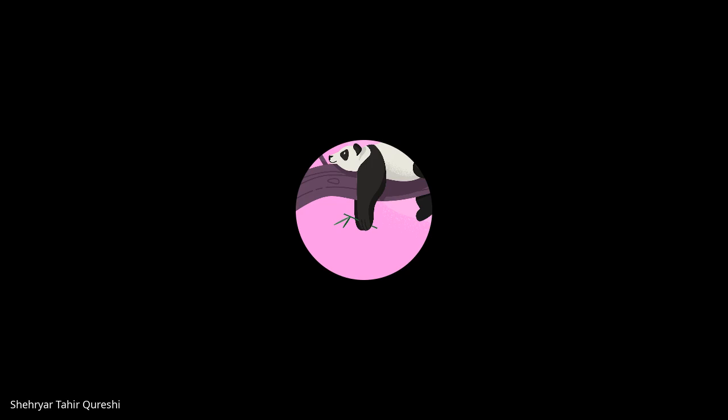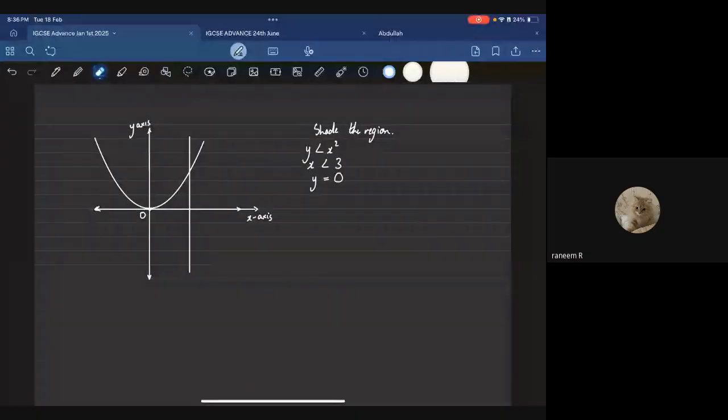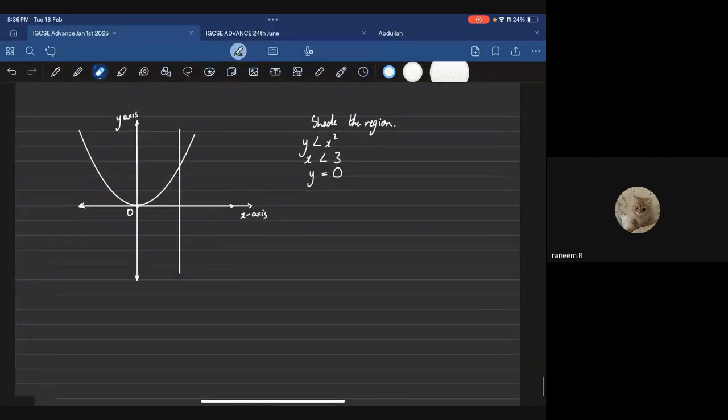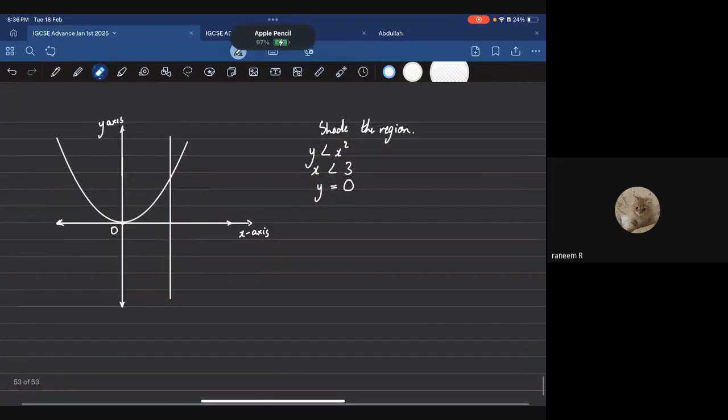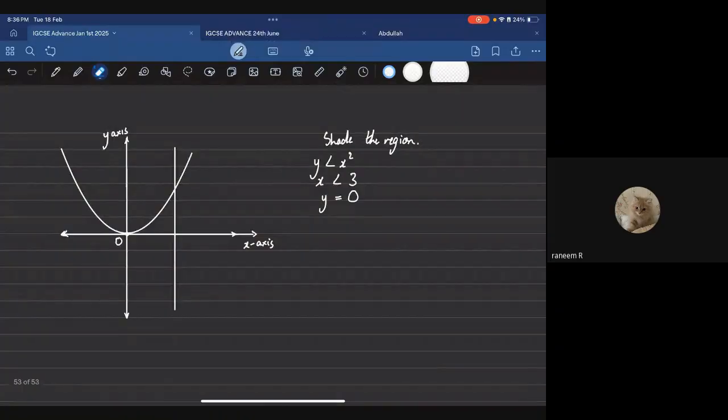This is the question, guys. Kindly solve it. Shade the region. Kindly let me know when you're done with this. Very easy. It's not that easy, but still is.